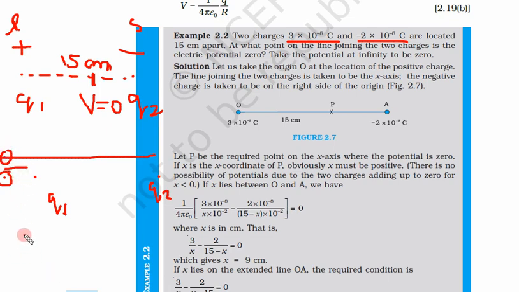So the potential of 1, we are talking about the magnitude, will always be greater because potential is proportional to 1 by r. So no point can be on the left side, because this will never get to a 0.